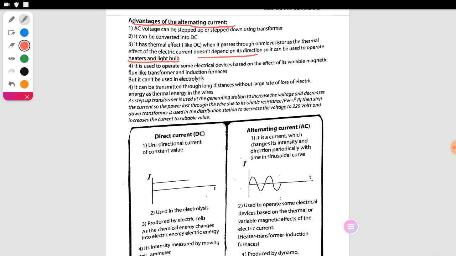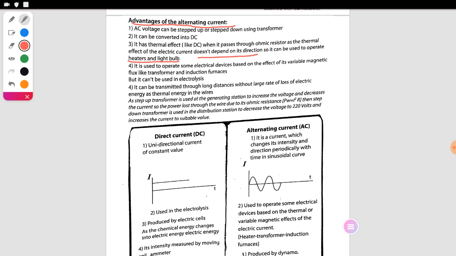The transformer steps up or steps down alternating voltage, while the induction furnace produces eddy current which is used to melt metals, due to the vibration of magnetic flux in dense solids. But it cannot be used in electrolysis. Direct current can be used in electrolysis, while alternating current cannot be used in electrolysis, electroplating, or extraction of metals from their ores.